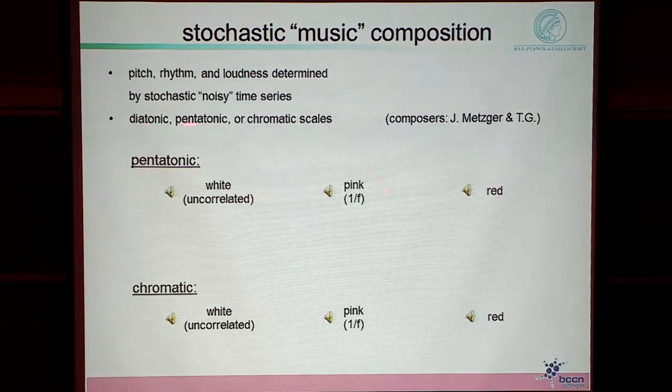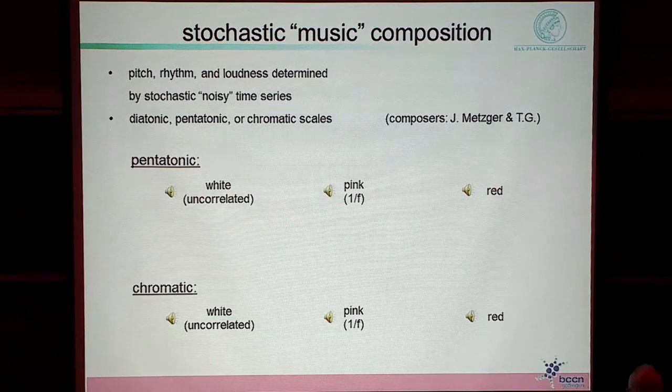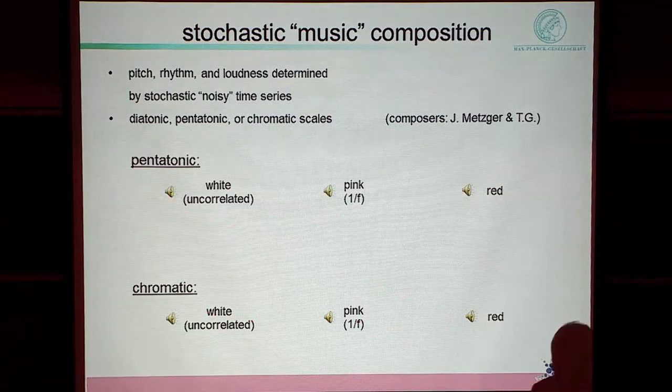And we did this for diatonic, pentatonic, and chromatic scales. The most convincing is the pentatonic, because we always interpret some kind of harmony, and so to exclude these effects, I use the pentatonic. Let me play this to you.